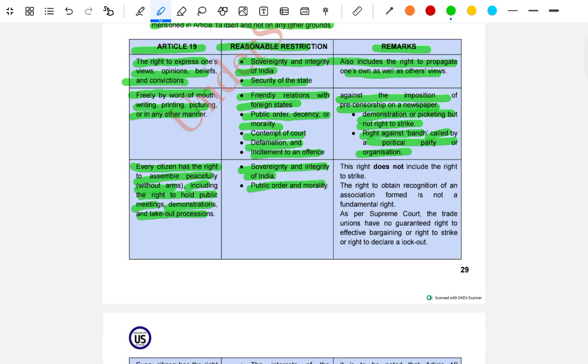Remark: this right does not include the right to strike, and the right to obtain recognition of any association formed is not a fundamental right. As per the Supreme Court, trade unions have no guaranteed right to effective collective bargaining, the right to strike, or the right to declare a lockout.